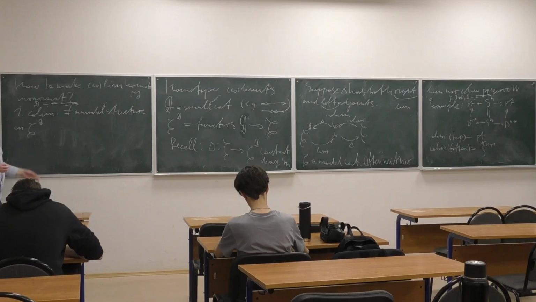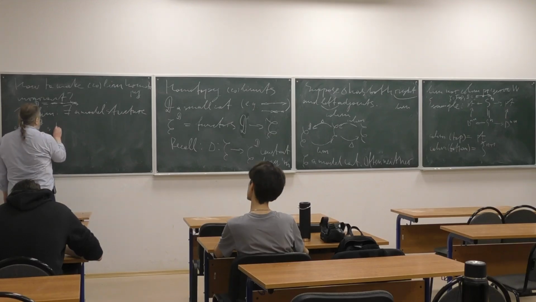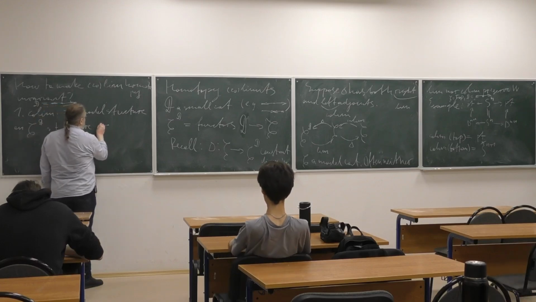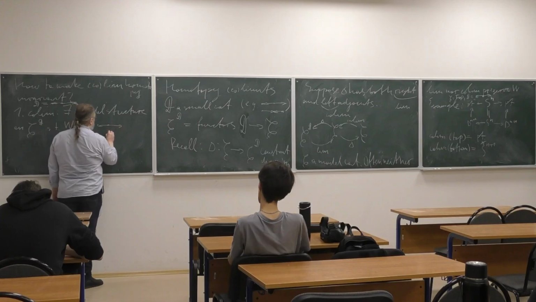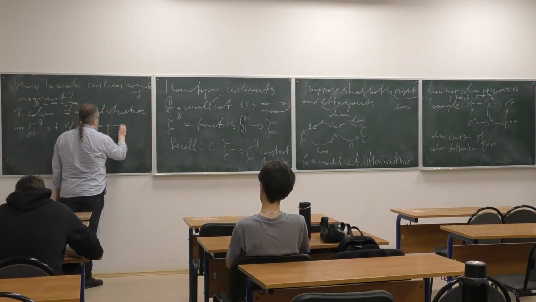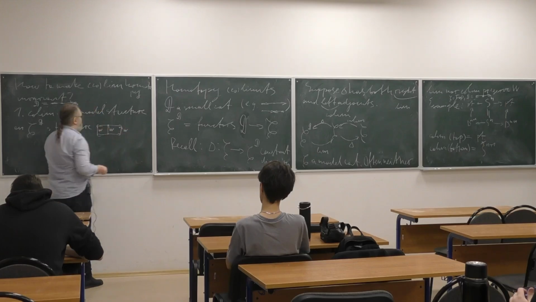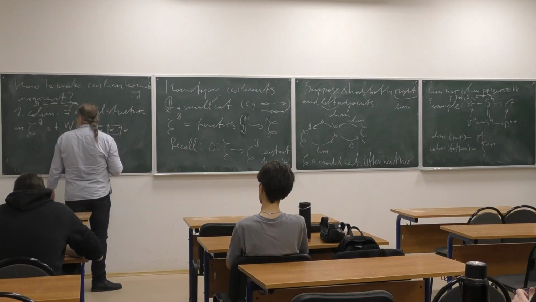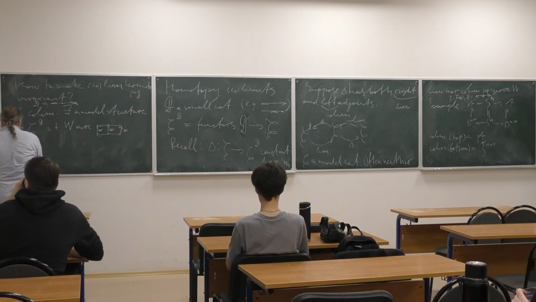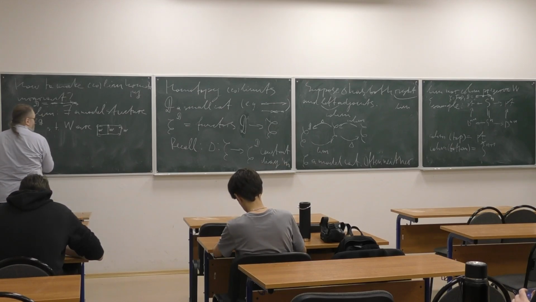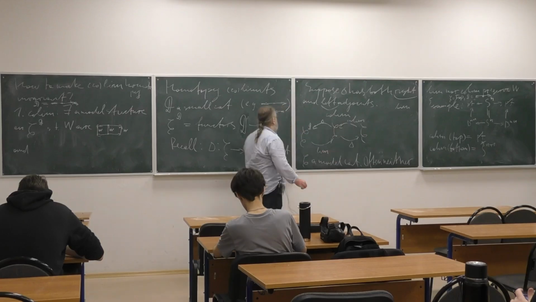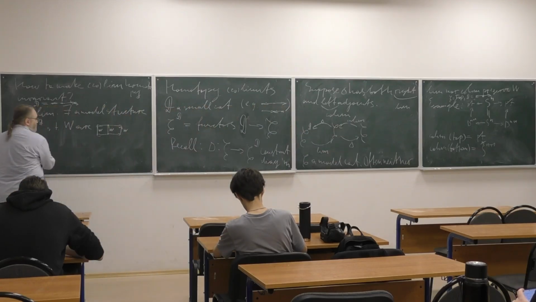In which case there is a model structure on C to the D such that the weak equivalences are object-wise weak equivalences, and this pair of adjoint functors becomes a Quillen adjunction.